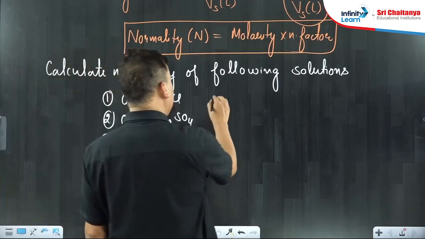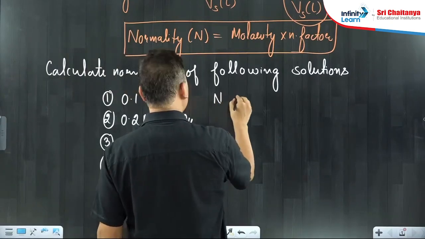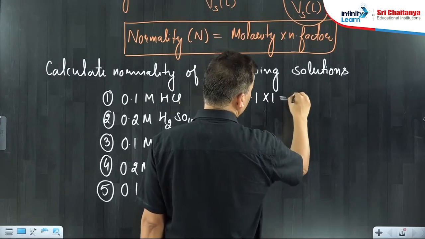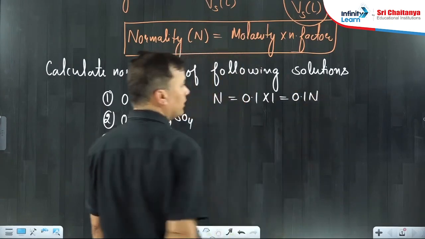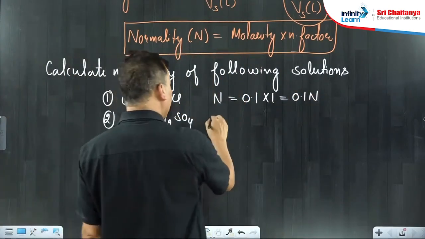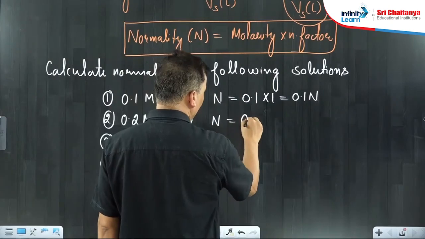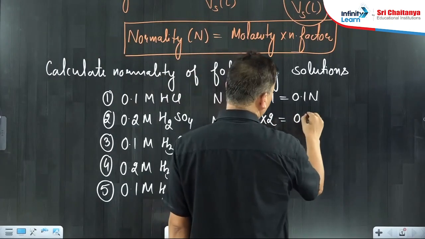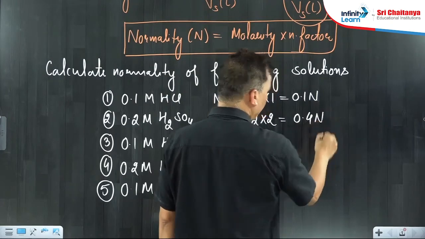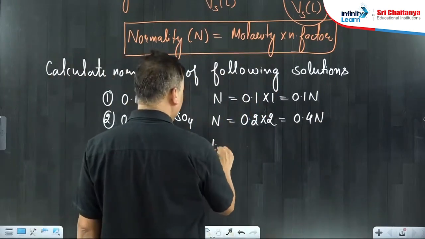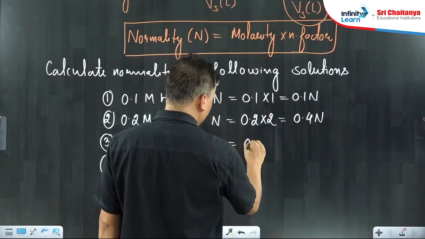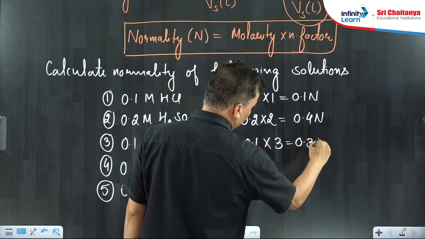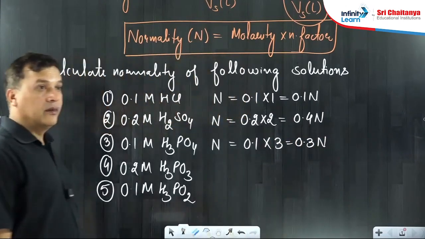So dear, normality of this HCl is 0.1 into its n factor, here it is 0.1 normal. Confirm. Here, 0.2 molarity into its n factor gives 0.4 normal. For 0.1 into its n factor 3, it is 0.3 normal. Confirm me.